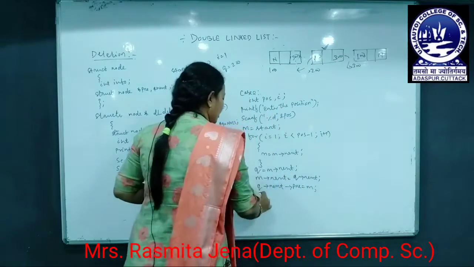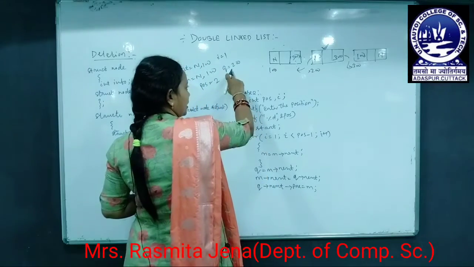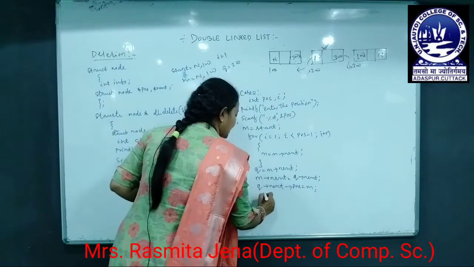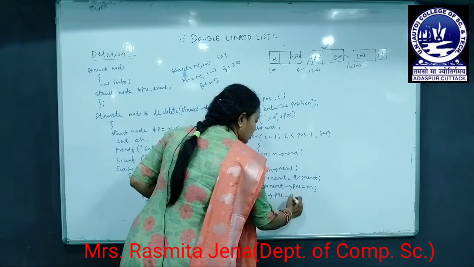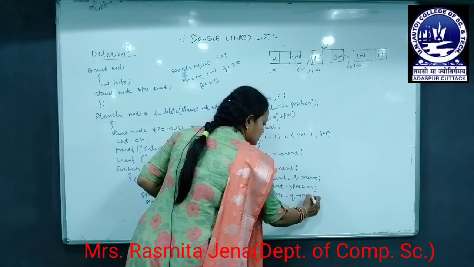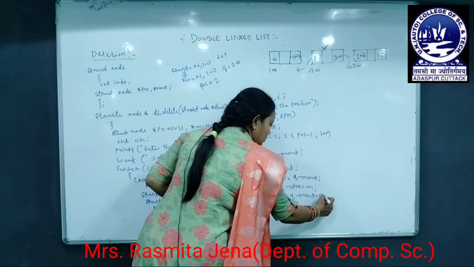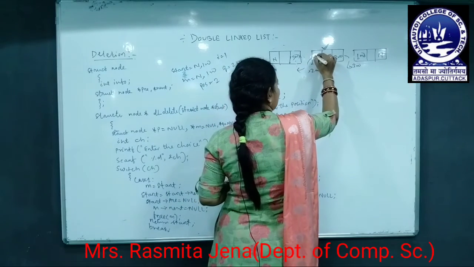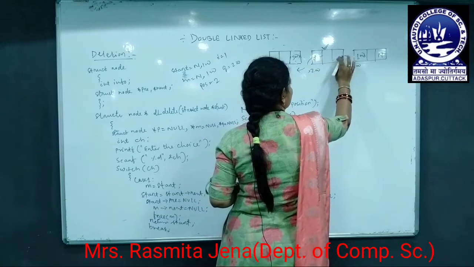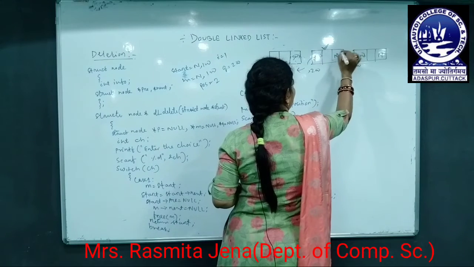Okay. So how can you remove? 200 is contained by q. So simply write q pre equals to q next equals to null. Okay. So this will be set as null and this will be set as null.